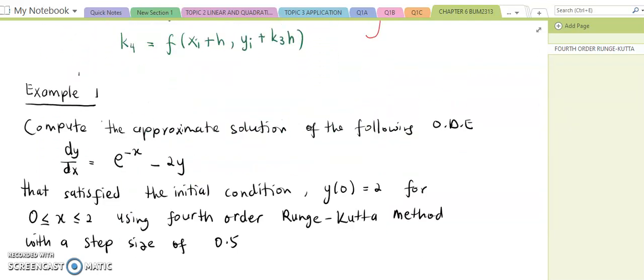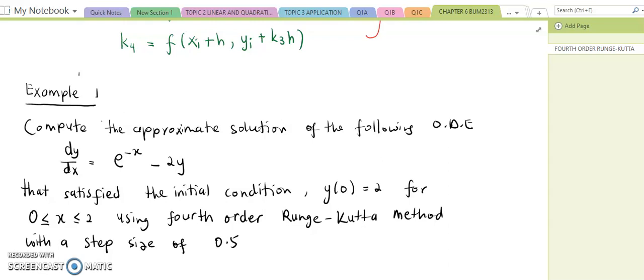For example 1, compute the approximate solution of the following ordinary differential equation that satisfies the initial condition y0 equals 2 for x more than 0 and less than 2 by using the fourth order Runge-Kutta method with a step size of 0.5.